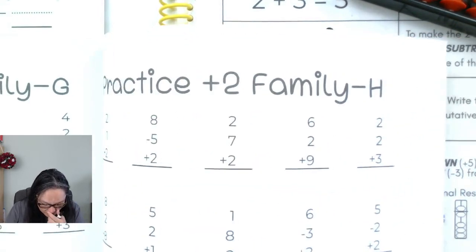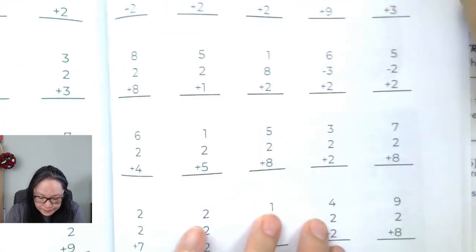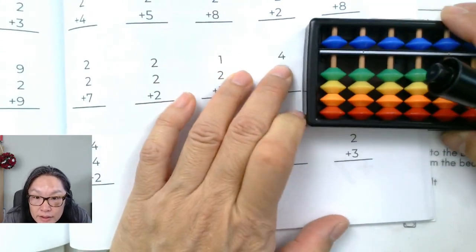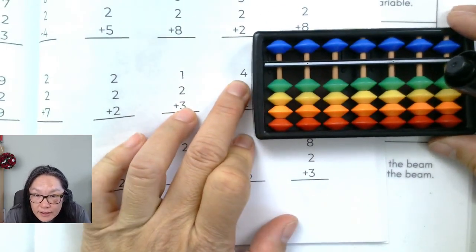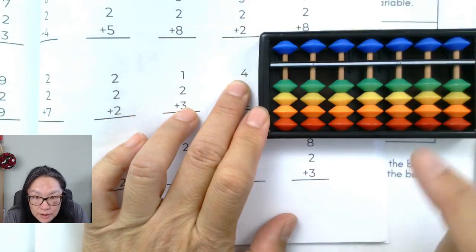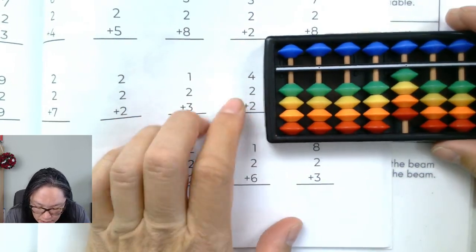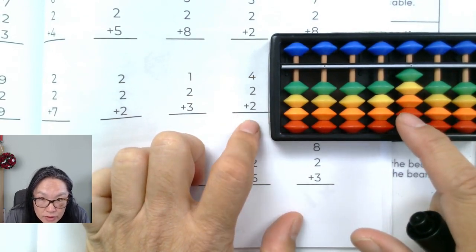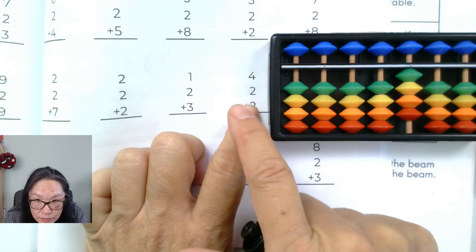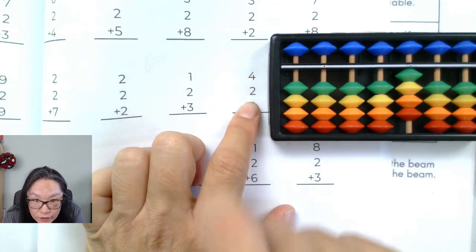No, I'm trying to find a number for you. Oh, here. Here, I have 4. Okay, if I have 4, I want to add 2. Do I have enough beads to add the 2? I have another 2 here, but we want to focus on the first 2.